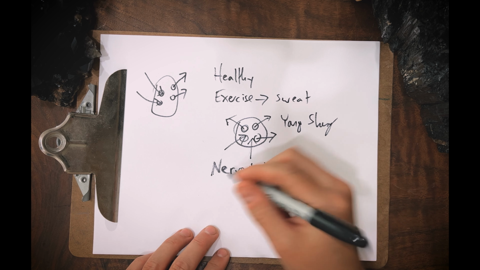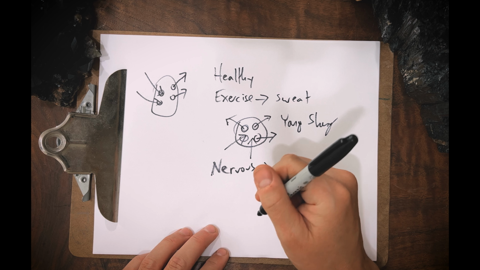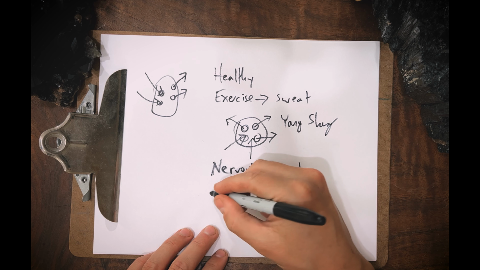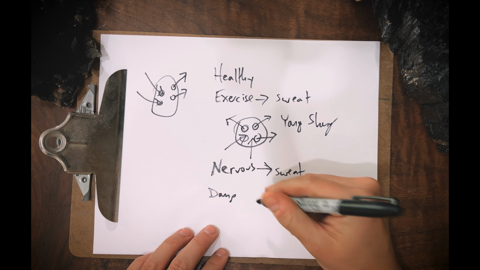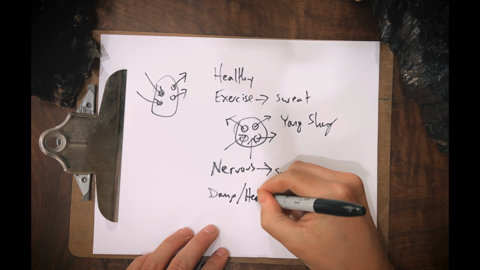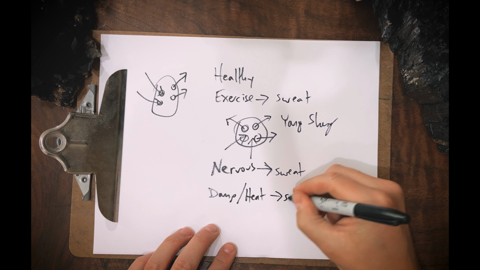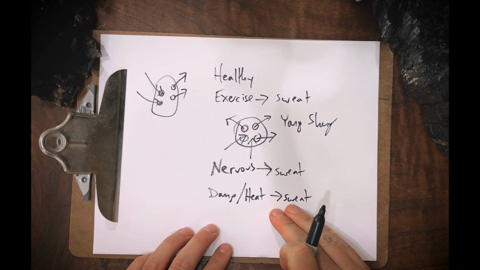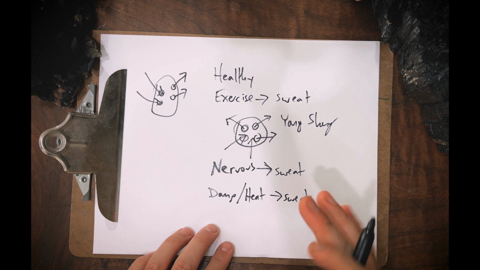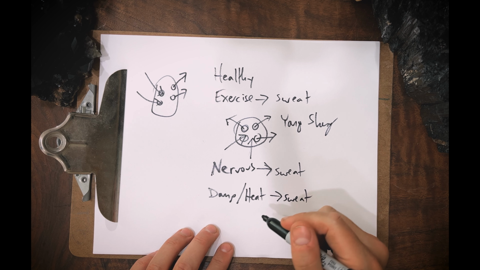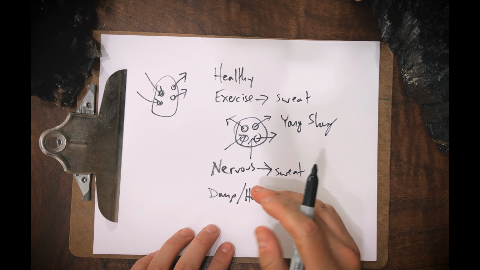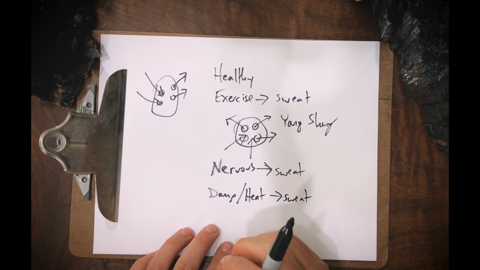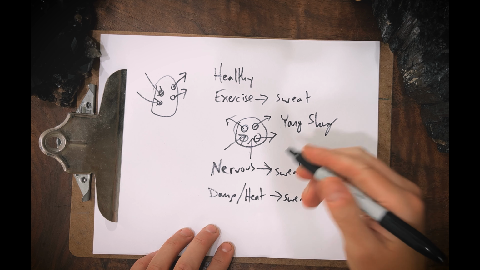There's also the more patho-driven type of sweat, which could be like a dampness or damp heat, which can create sweating. And sometimes in these cases, the area of the body that's sweaty will tell you something about what's going on inside. A person may have a very sweaty lower body, like lower burner, thighs, groin, these kinds of things.